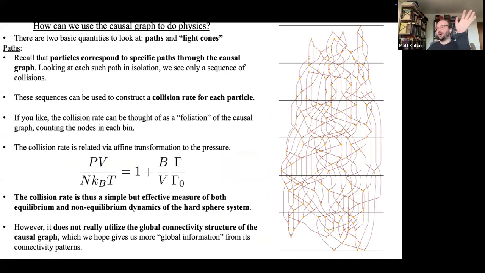In some sense, we wanted that to happen because it would be a really cool mathematical exercise, and in that case, it might have been more interesting to associate some more traditional graph metric to this. But in fact, we found the most substantive physics that we could extract is these more mundane path and light cone kinds of considerations.